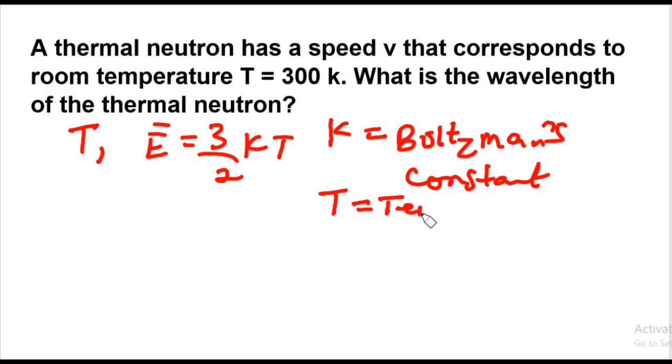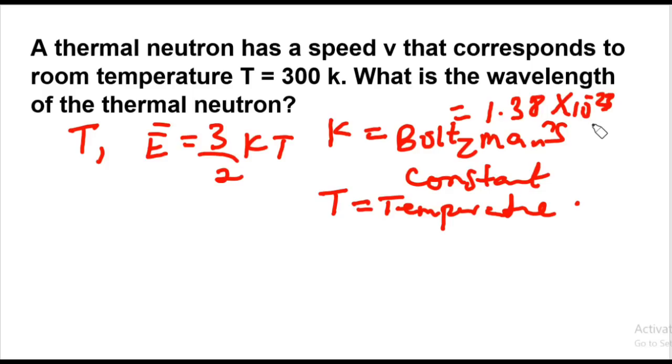The value of Boltzmann's constant is given as k equals 1.38 times 10 to the power minus 23 joule per Kelvin. So this is the value of Boltzmann's constant.